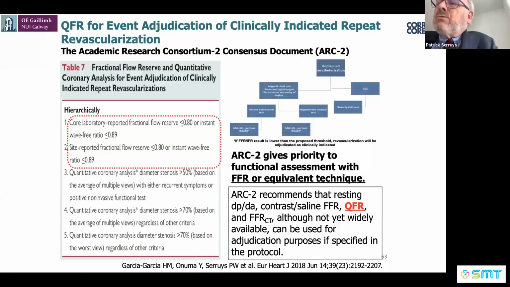So the ARC2 recommends resting PDA, but that's invasive, contrast saline FFR, that's invasive, FFR-CT, you need a multi-slice CT scan, but QFR should be used to say that reintervention was justified and not the decision of interventional cardiologists treating a restenosis that didn't need to be retreated. Next slide.